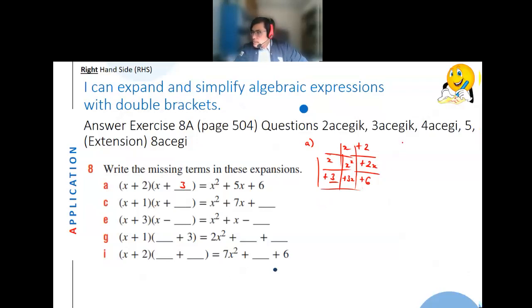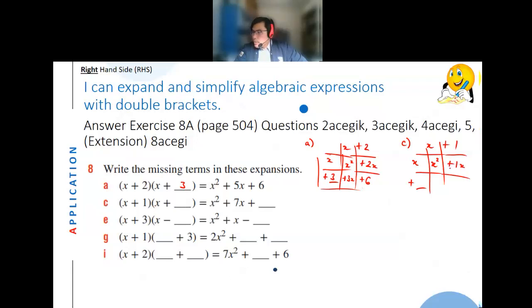Next we've got C. So we've got x plus 1, and again we've got x plus something. What we get is x squared. Now this is x times plus 1, so plus 1x.